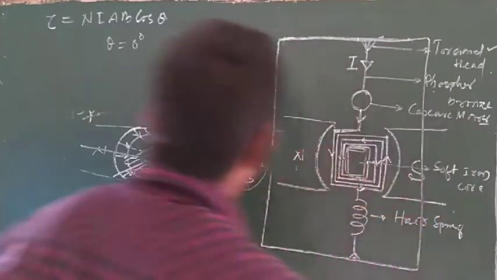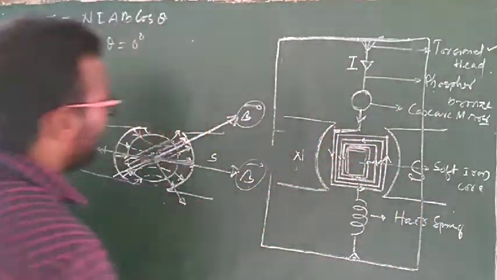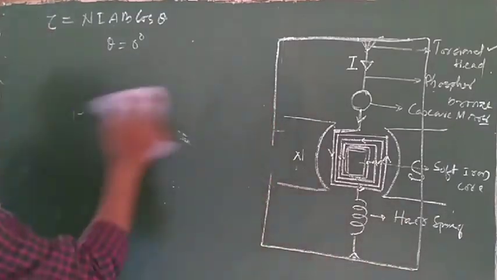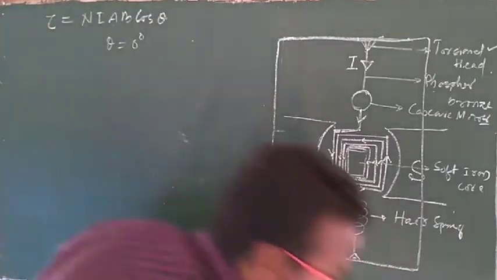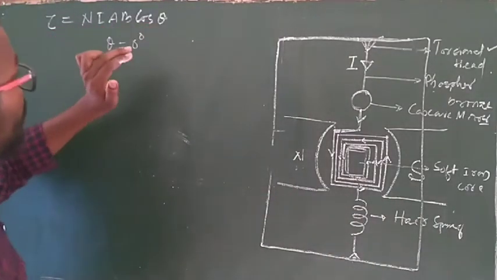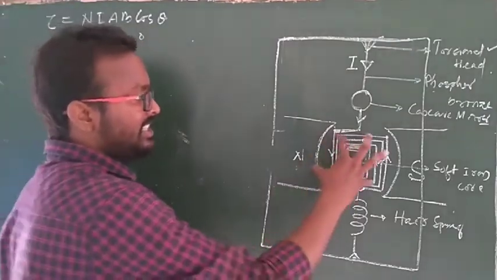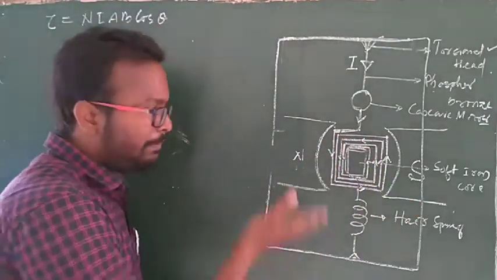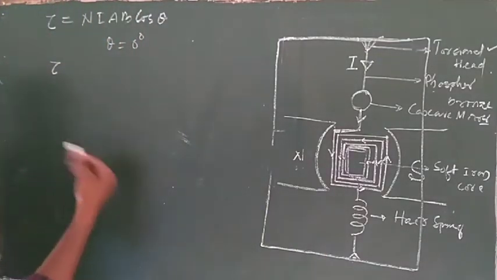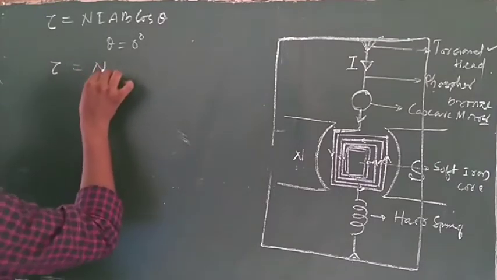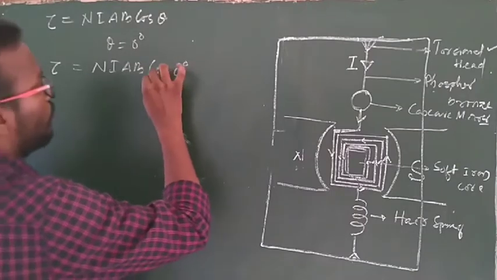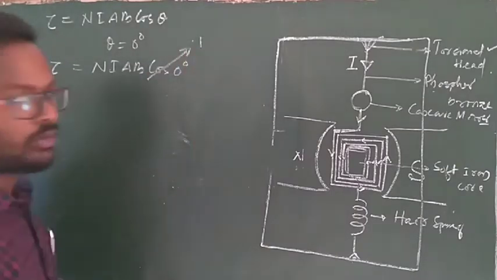So when current flows through the coil, the torque experienced by a current carrying loop inside a uniform magnetic field is tau equal to NIAB cos theta. So at each and every point inside the horseshoe magnet, the angle between the plane of the coil and magnetic field is 0 degree. So tau due to current can be written as NIAB cos 0 degree, and we know the value of cos 0 equals 1.